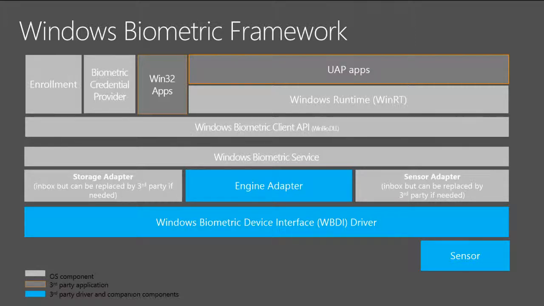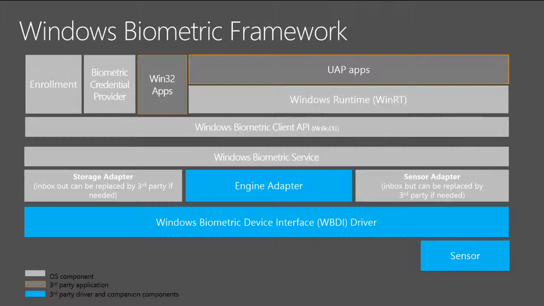It allows us to abstract from the specificity of the modality and make common interfaces to communicate with those different sensors. So we have sensors, we have MIPI drivers or SPI drivers for fingerprints.